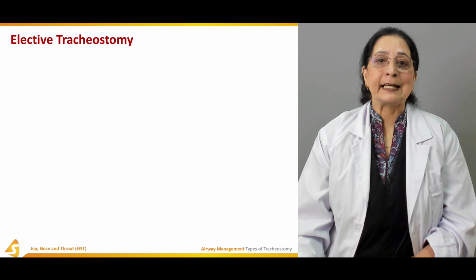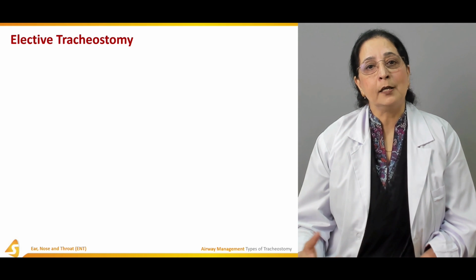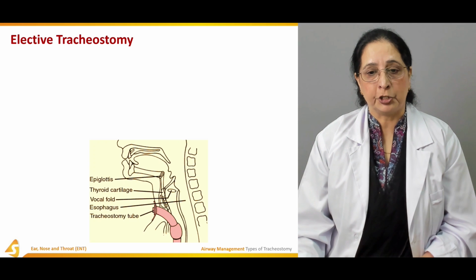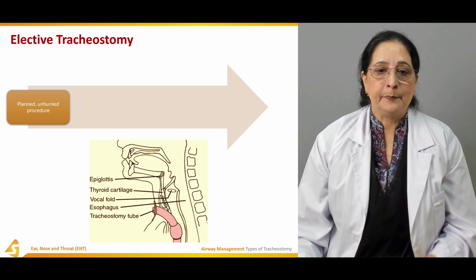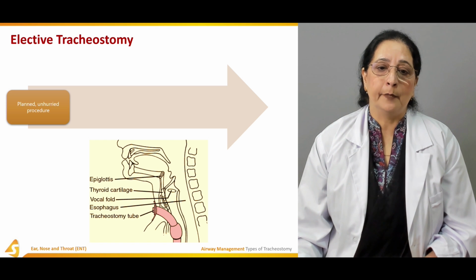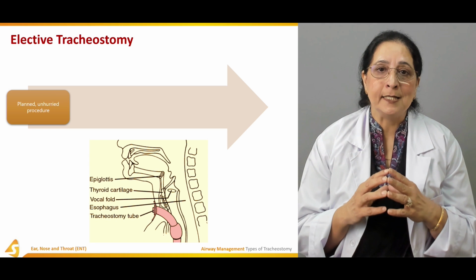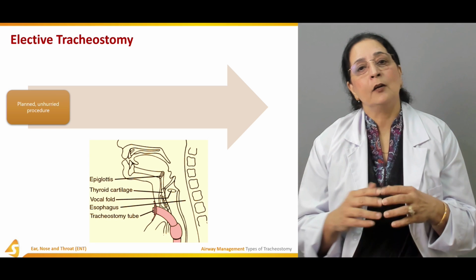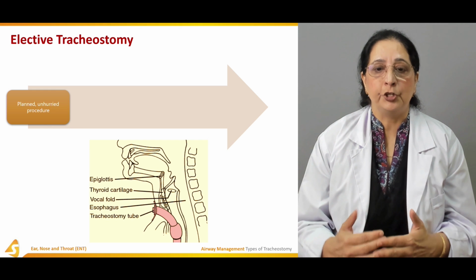Next, what is elective tracheostomy? This is the tracheostomy which is not performed in an emergency situation. This is a planned, unhurried procedure. All the procedures which are planned, unhurried, are known as elective procedures, elective tracheostomy.